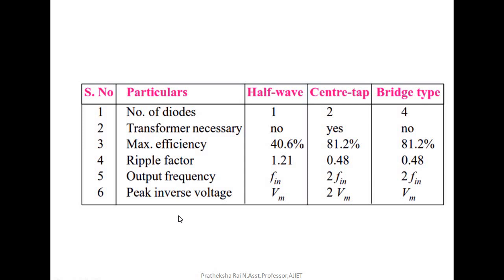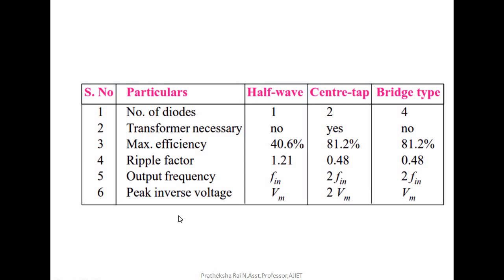The maximum efficiency, that is how efficient the circuit is in rectifying: in case of half wave rectifier it is only 40.6%, but in case of center tapped and bridge type it is 81.2%. The ripple factor for half wave rectifier is 1.21, whereas center tap and bridge type it is 0.48.